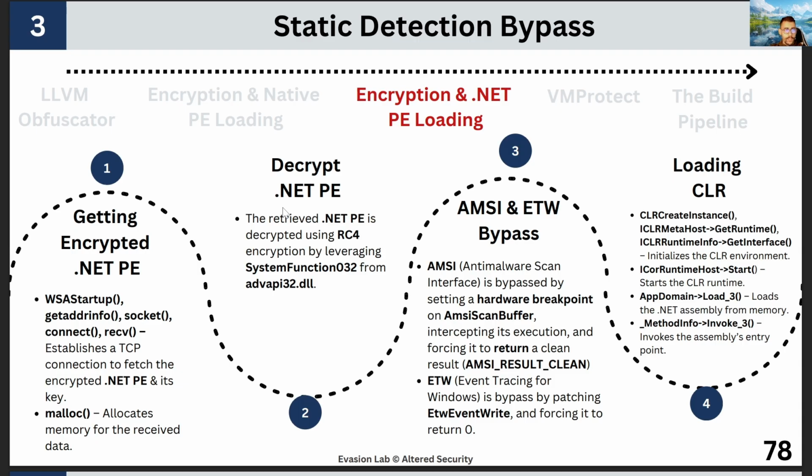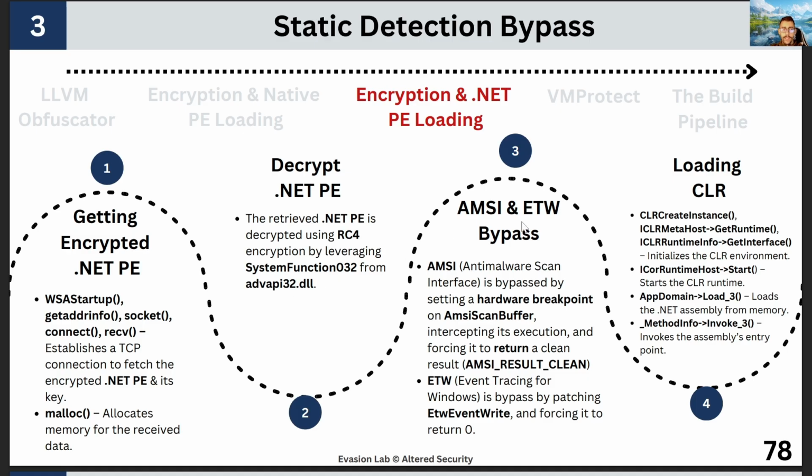For that, we are using RC4 encryption, a symmetric stream cipher. The decryption is performed by calling SystemFunction032 from advapi32.dll. This function is often used for cryptographic operations and is leveraged to decrypt the PE.